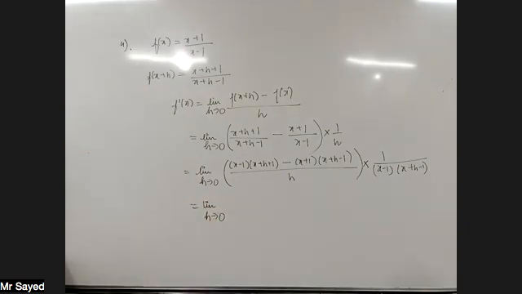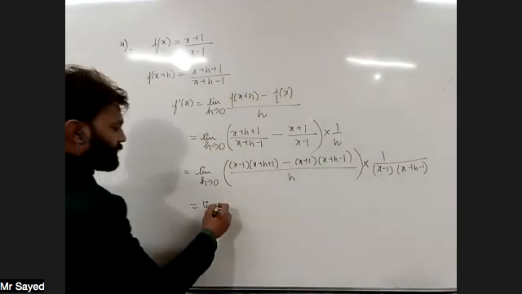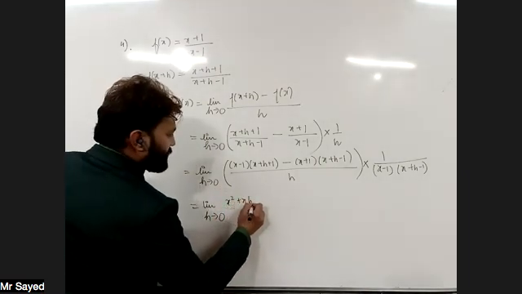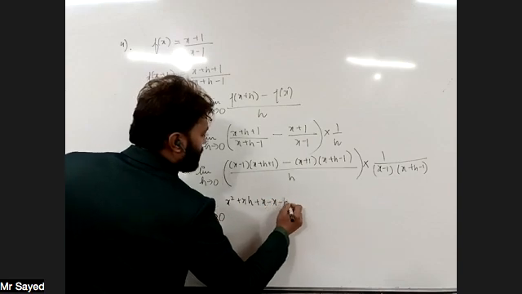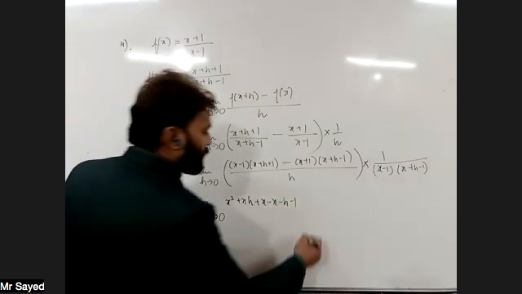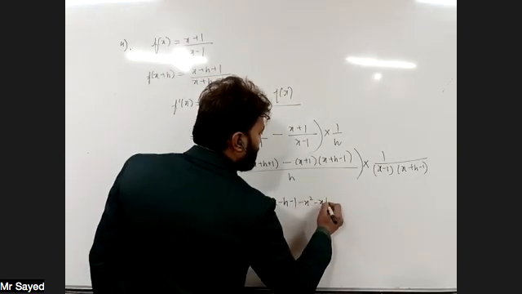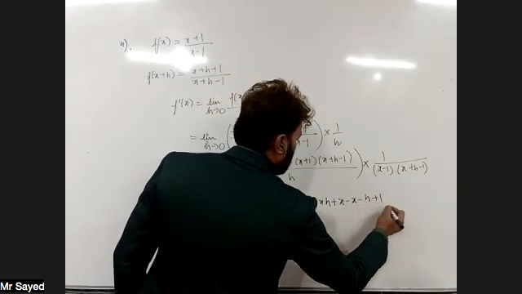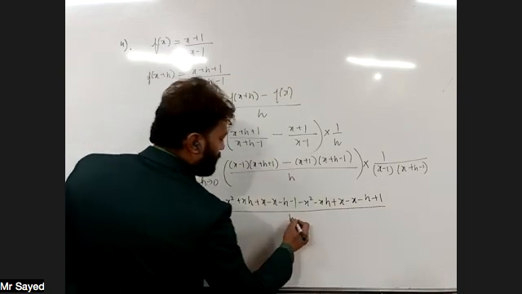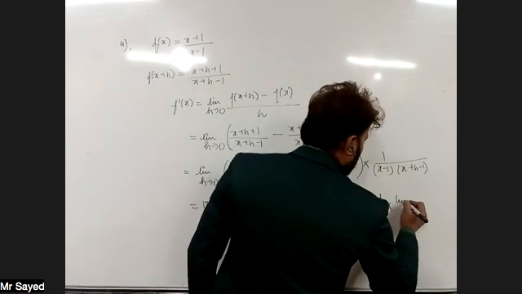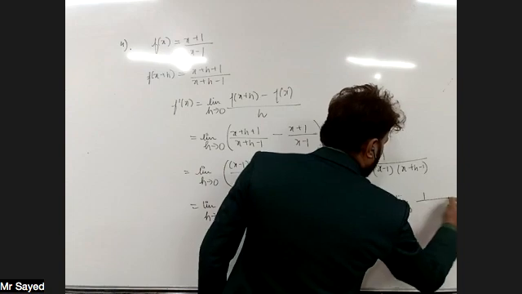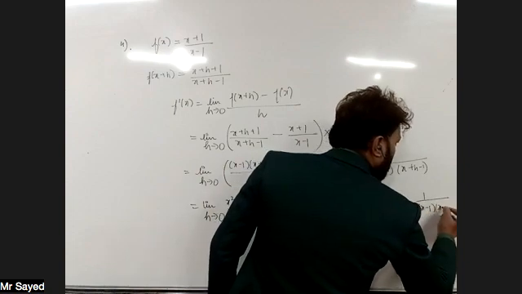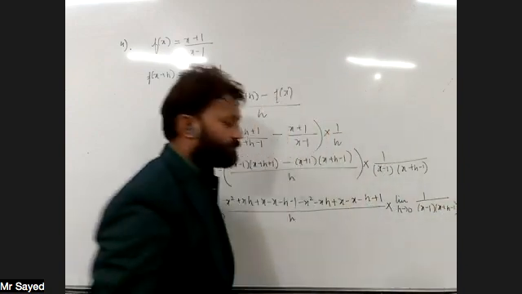Limit h tends to 0. Now simple multiplication. So this will be x square plus xh plus x minus h minus 1, then minus x square minus xh plus x and minus x minus h plus 1, whole upon h, and into limit h tends to 0, 1 upon x minus 1, x plus h minus 1.